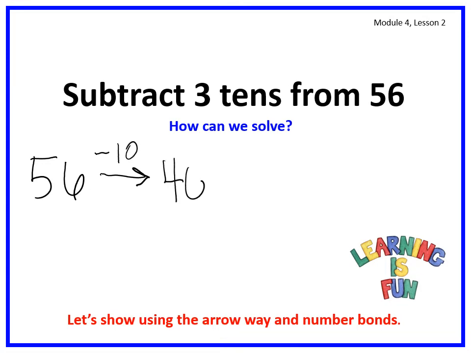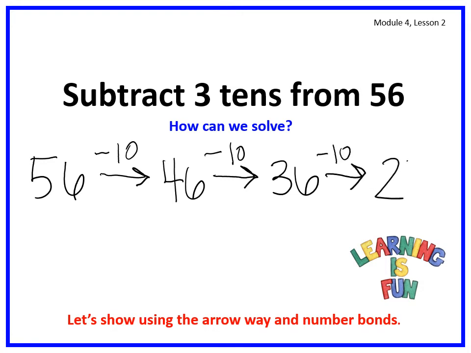That goes down to 46. Another 10 minus 10, 36. That's 2 tens. Now take away a third 10, and I'm at 26. So 56 minus 30 in the arrow model equals 26.